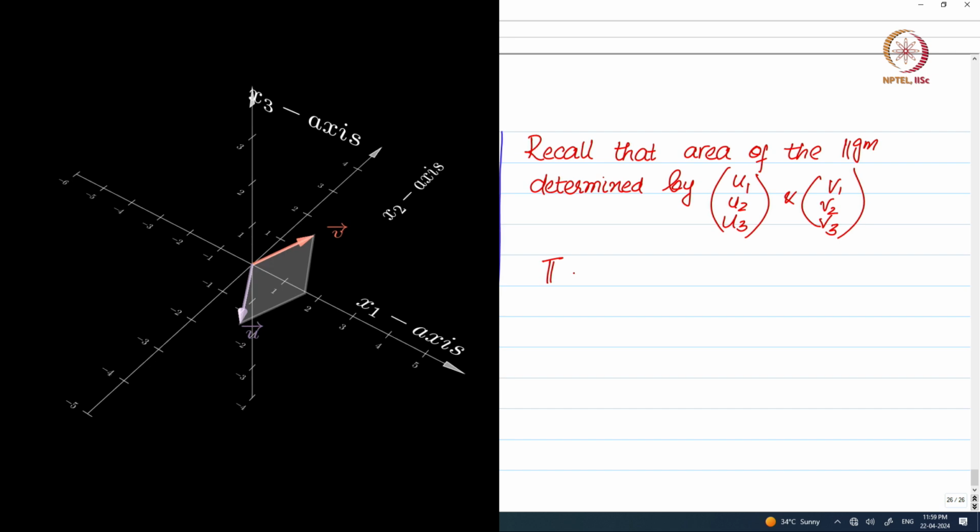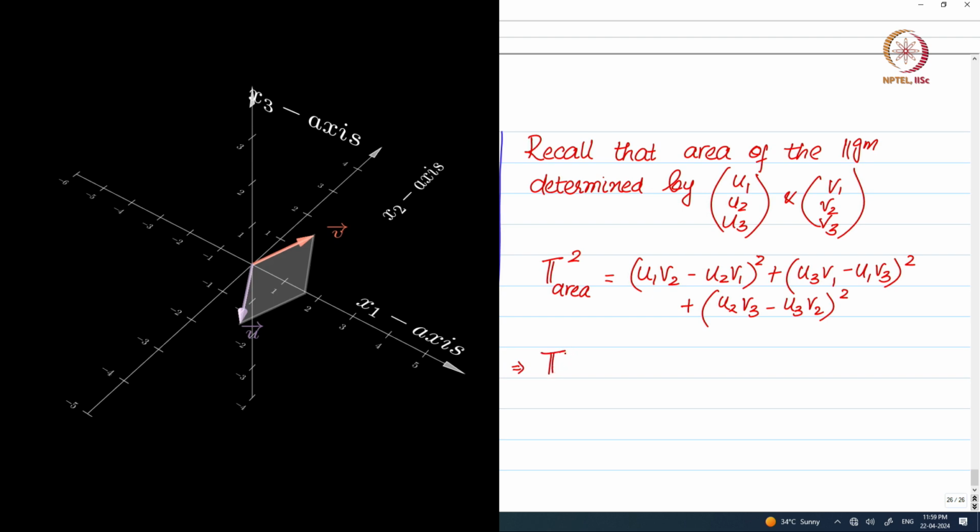So the area of pi is given by, what did we have? We had the square, which is basically given by (u1 v2 minus u2 v1) whole squared plus (u3 v1 minus u1 v3) whole squared plus (u2 v3 minus u3 v2) whole squared. So we get the area squared.